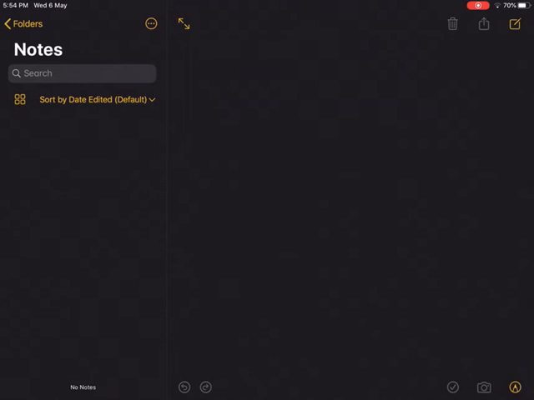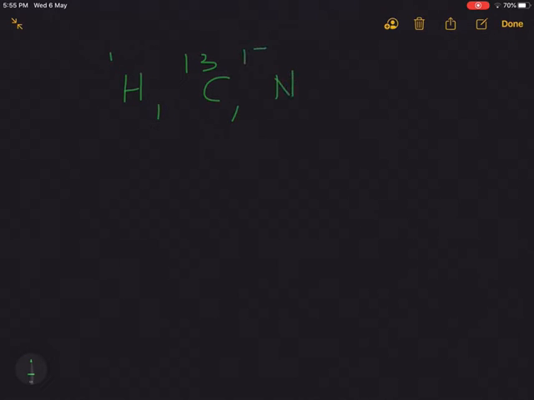So what nuclei are active in NMR? Hydrogen, represented as 1H, C13, N15, P31, F19.